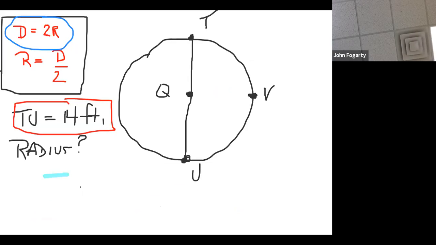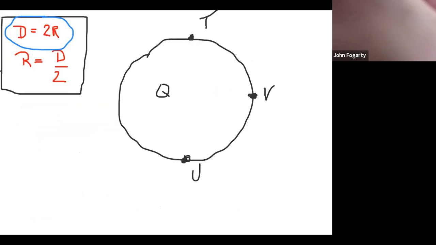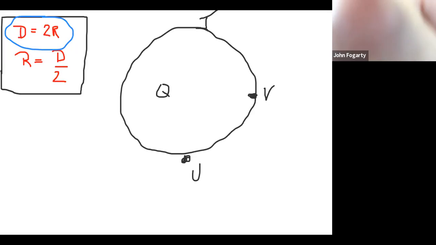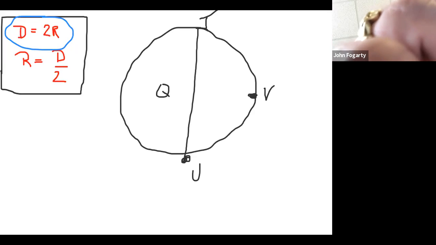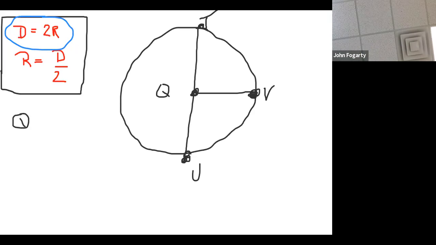And all we're trying to work on is the fact that the relationship between the diameter and the radius is half the diameter. All right, so here's the next one. QT equals 11.